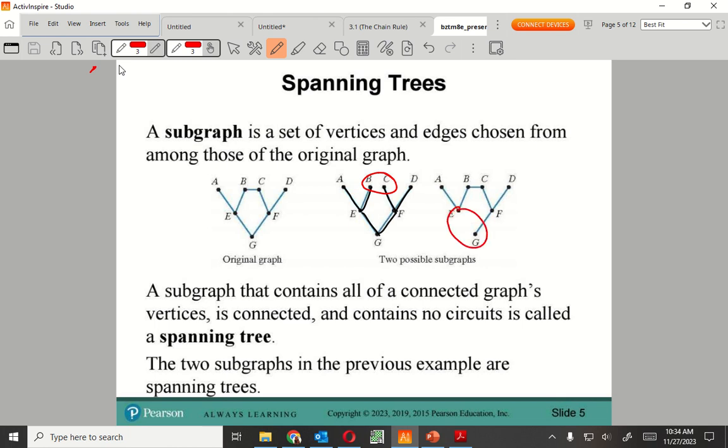E G, just by removing, so 1, 2, 3, 4, 5, 6. There's 6 edges there, and 1, 2, 3, 4, 5, 6, 7. Okay, so n equals 7. And so my edges, I have 6 edges, so that works there.